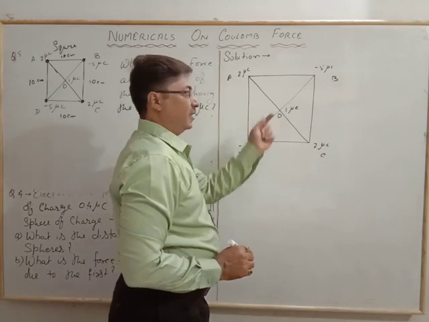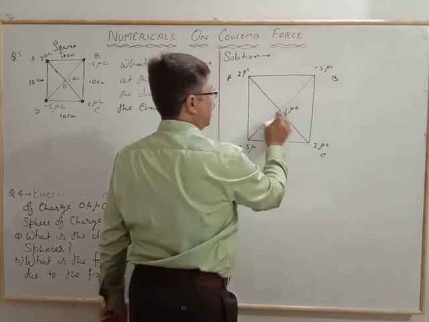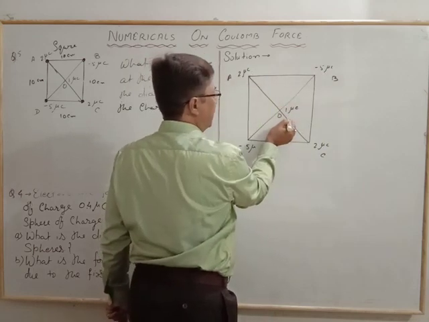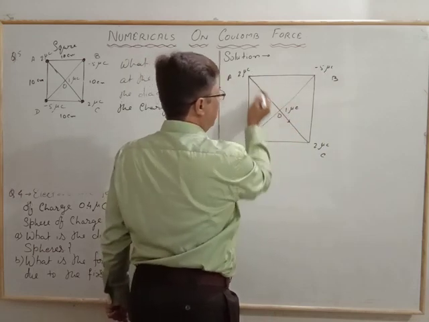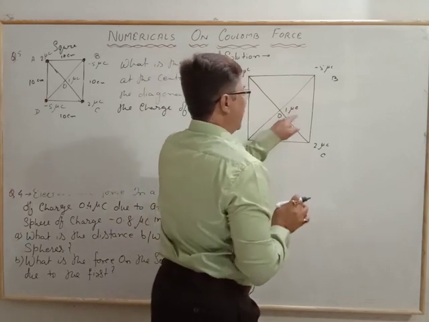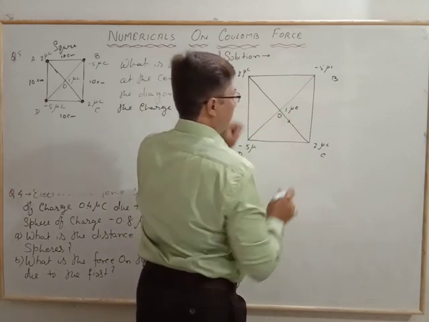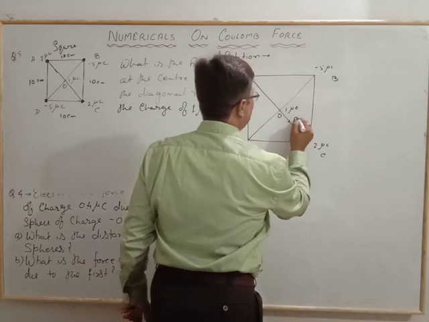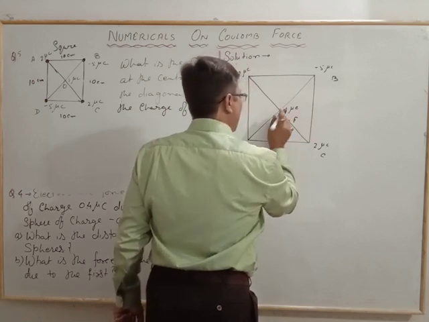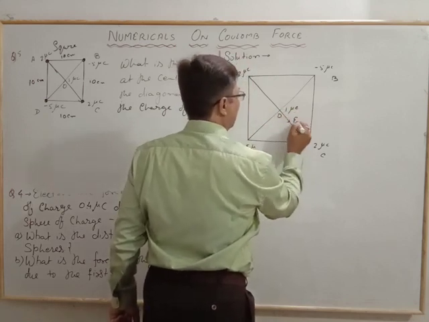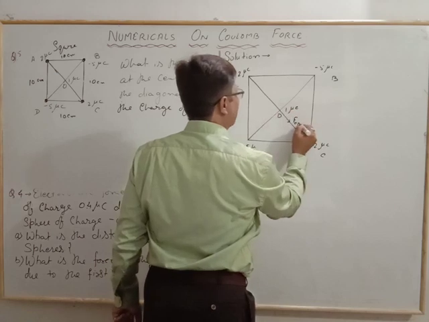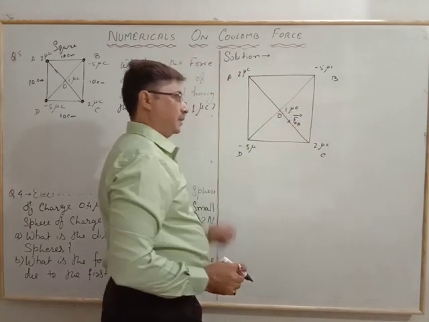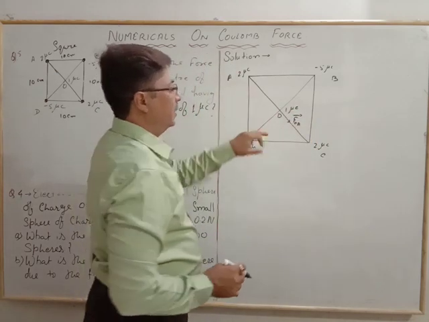We understand that here there are like charges, so there is repulsion. That repulsion is offered to the 1 microcoulomb due to the 2 microcoulomb. So we write here the force experienced by the charge at the center O due to the charge at vertex A.